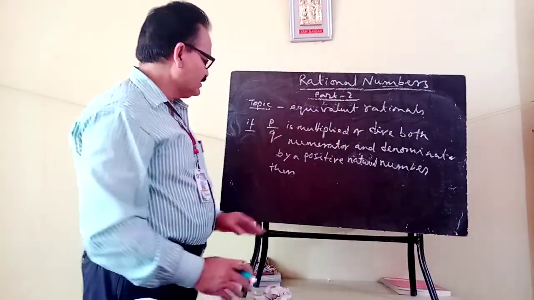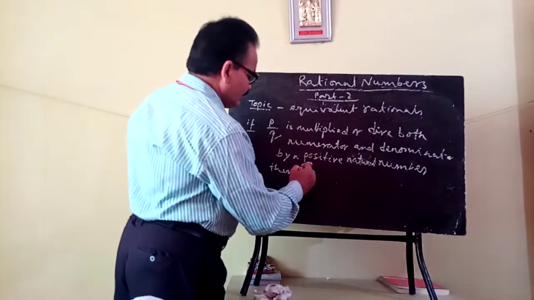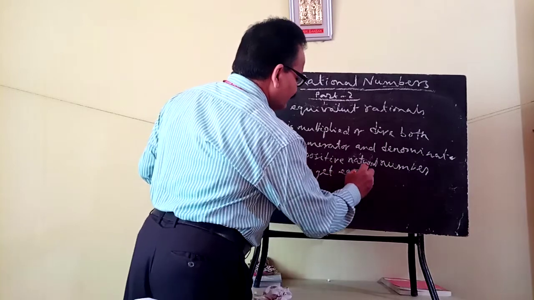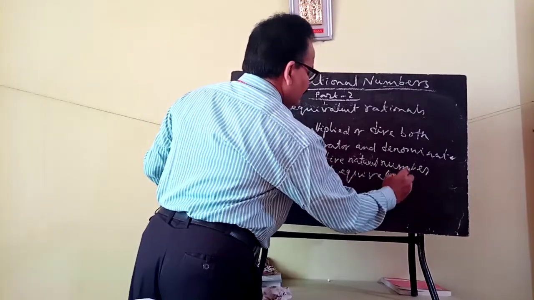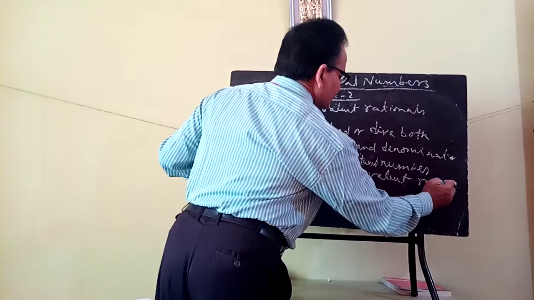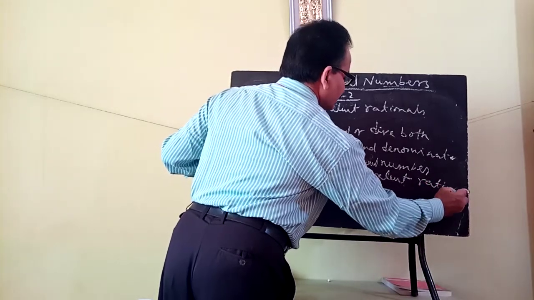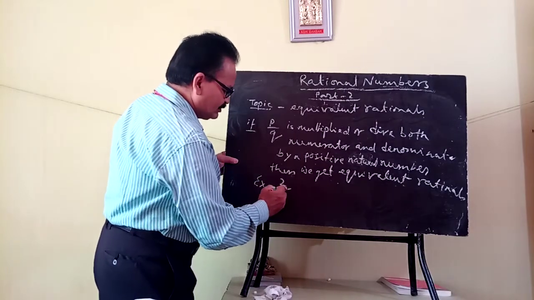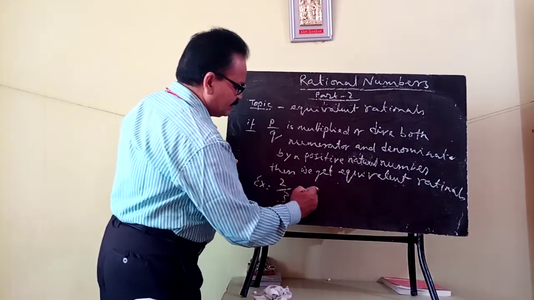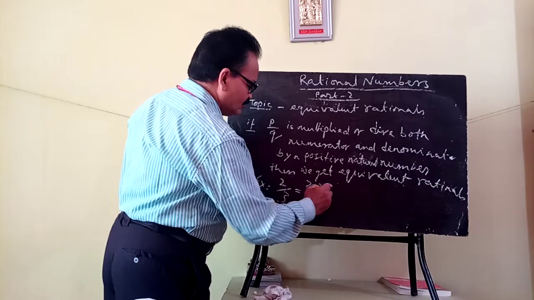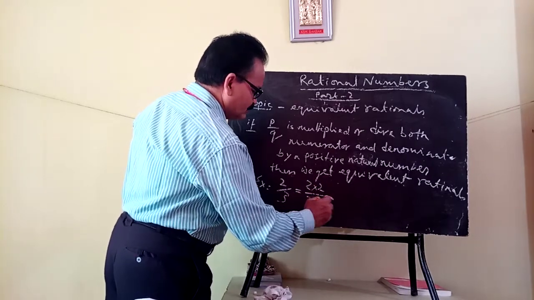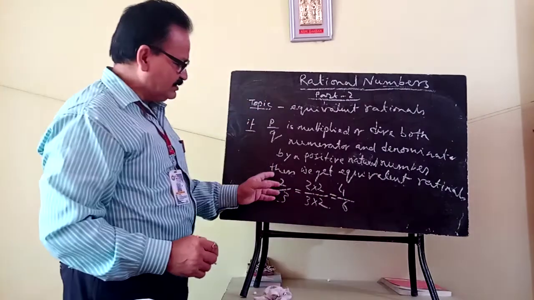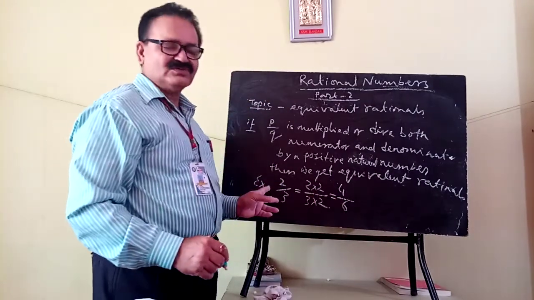Okay, is it clear? Then we get an equivalent rational. As for example, suppose this is your 2 by 3. If you multiply 2 into 2 and 3 into 2, you will get 4 by 6. So 4 by 6 is equivalent to 2 by 3.